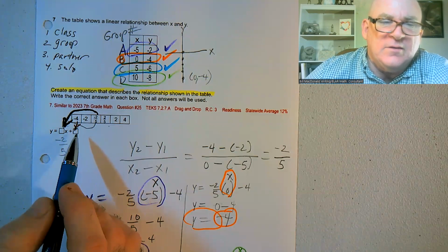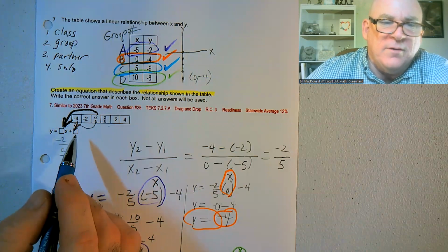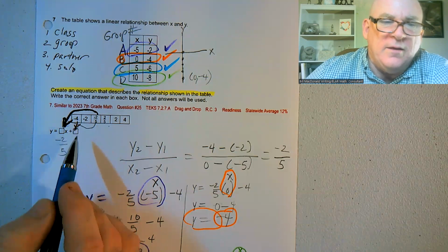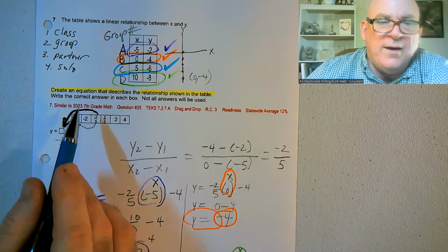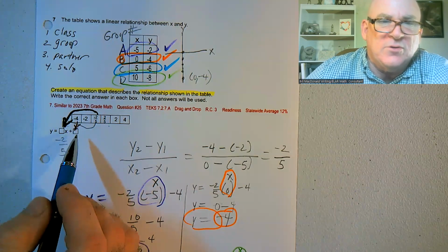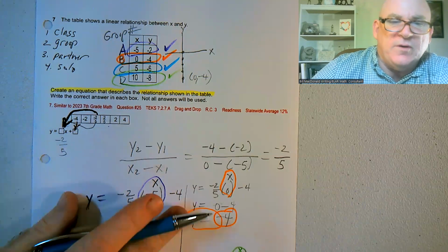So it's disappointing that a lot of students, unless they can use their calculator, don't remember that b is simply where the line crosses the y-axis. So let's make sure that we get that in their heads as soon as possible.